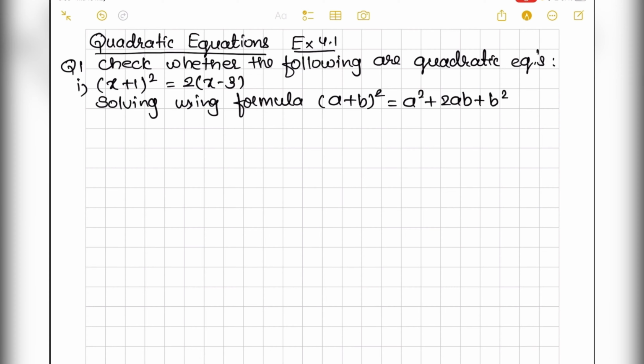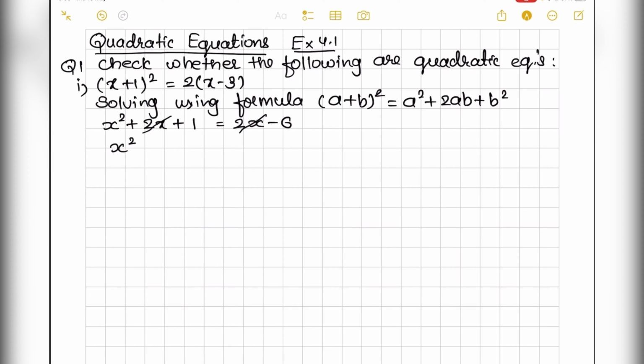So (x plus 1) whole square will become x square plus 2x plus 1 square equal to, I am multiplying 2 with x and 2 with 3. So 2x minus 6. Now both sides 2x is common, so I can cut them.